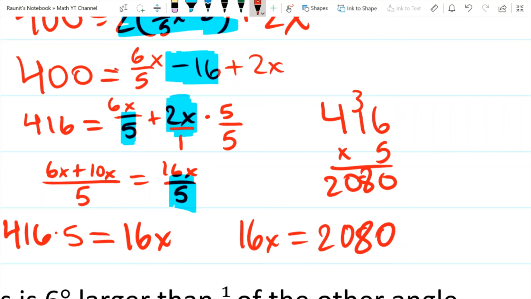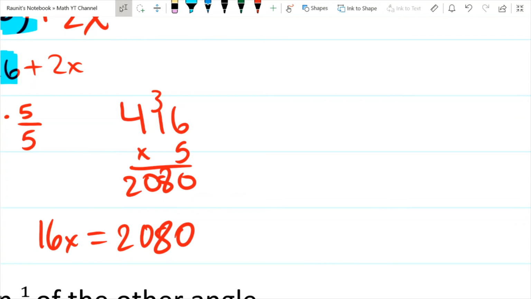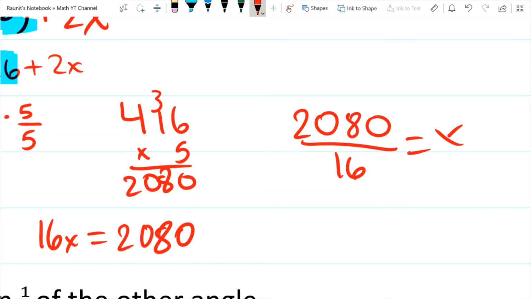I also don't know how many times 16 goes into 2080, so we're just going to do a little bit of simplification. We're going to divide both sides with 16 in order to get 2080 over 16 is equal to x, and then we're just going to try and simplify. We're just going to simplify with 4 first, and that brings us there.